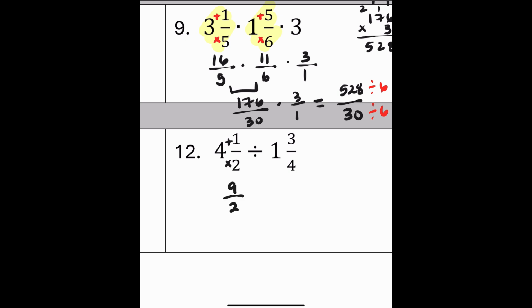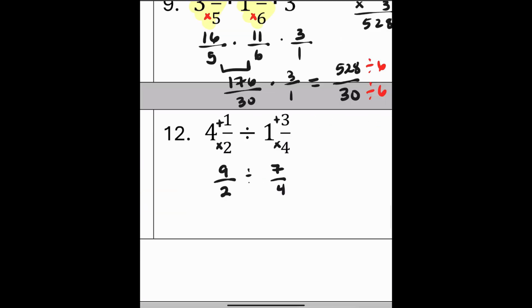So it's 9 over 2, right? We write 9 up top, and then we take that 2 that's in the denominator here and bring it down. So 9 over 2 divided by, plus x, 4 times 1, that's 4, plus 3, that's 7. So 7 over 4. So we have 9 halves divided by 7 over 4.